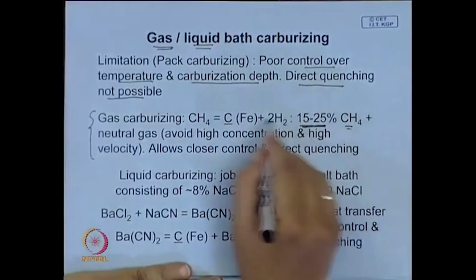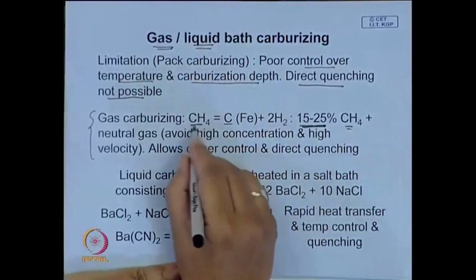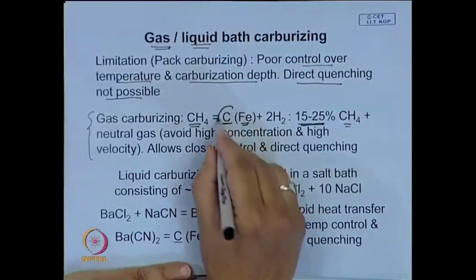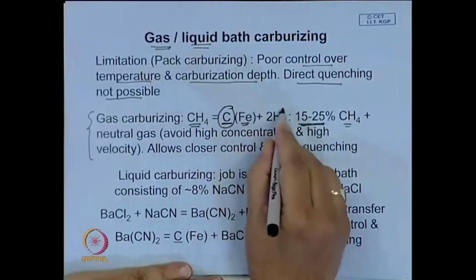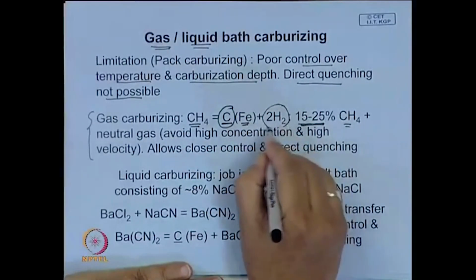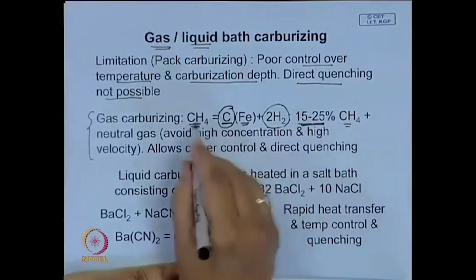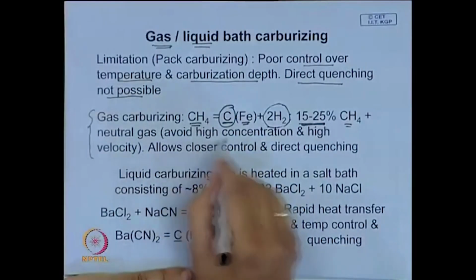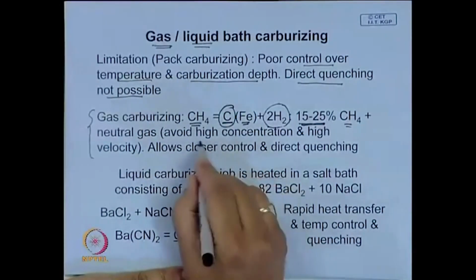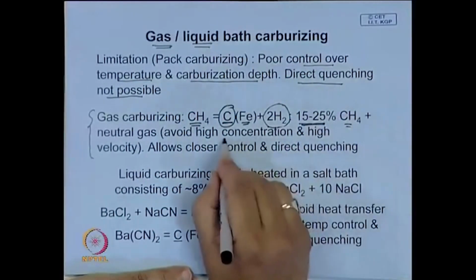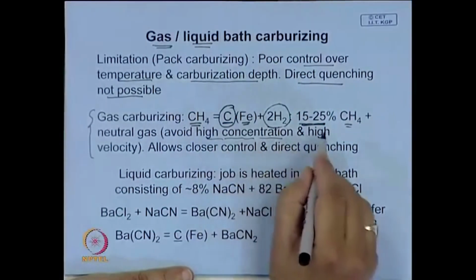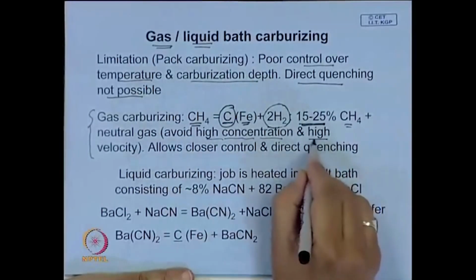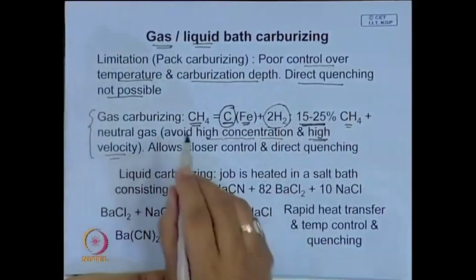Under this condition, methane in the presence of iron cracks, and the carbon deposits, and you also get hydrogen. So, it maintains a reducing atmosphere and does not oxidize. You have good control on the surface quality, but you need to avoid high concentration of the carburizing gas, so you should not allow soot formation, and also avoid high velocity, because you have to give some residence time.